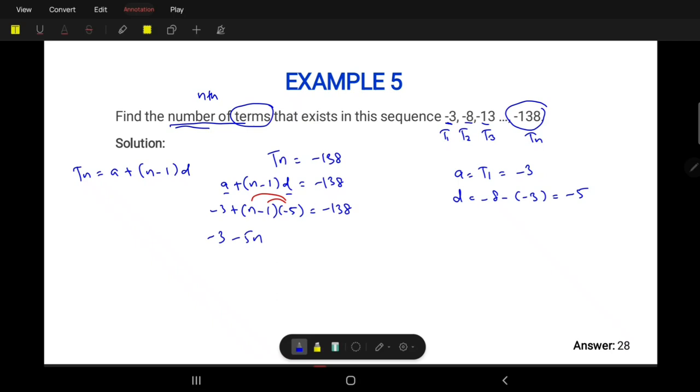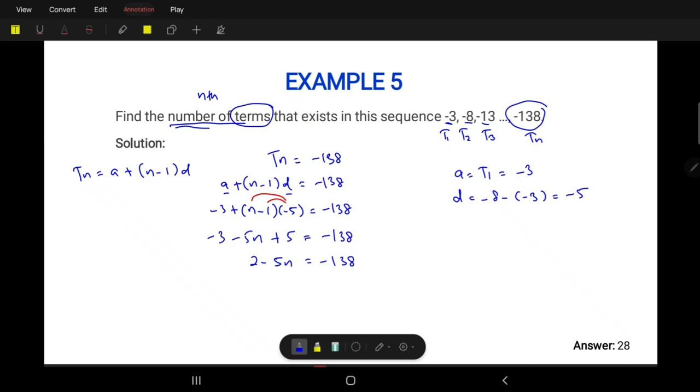Negative 5 times negative 1, negative times negative is positive, so positive 5, equals negative 138. So negative 3 plus 5, 5 minus 3, you will get 2, right? 2 minus 5n equals negative 138.